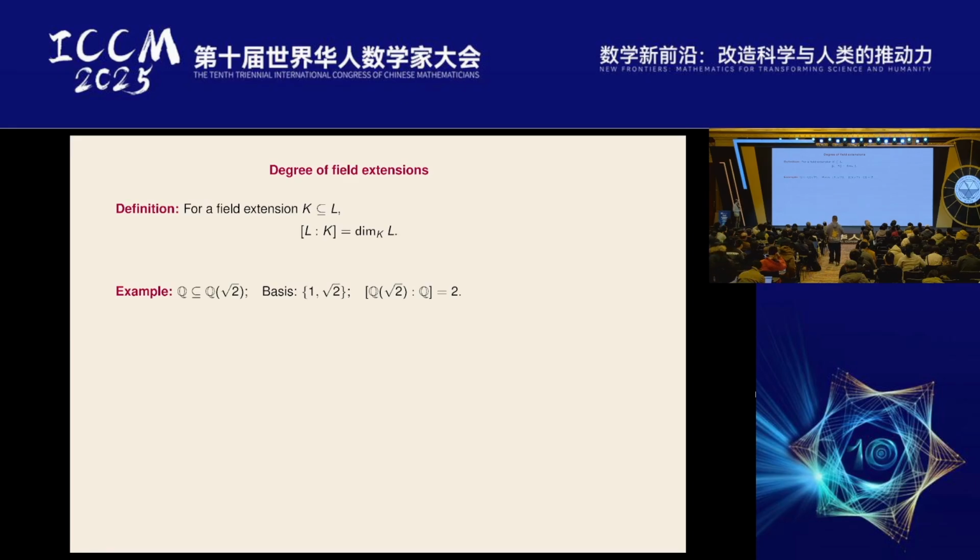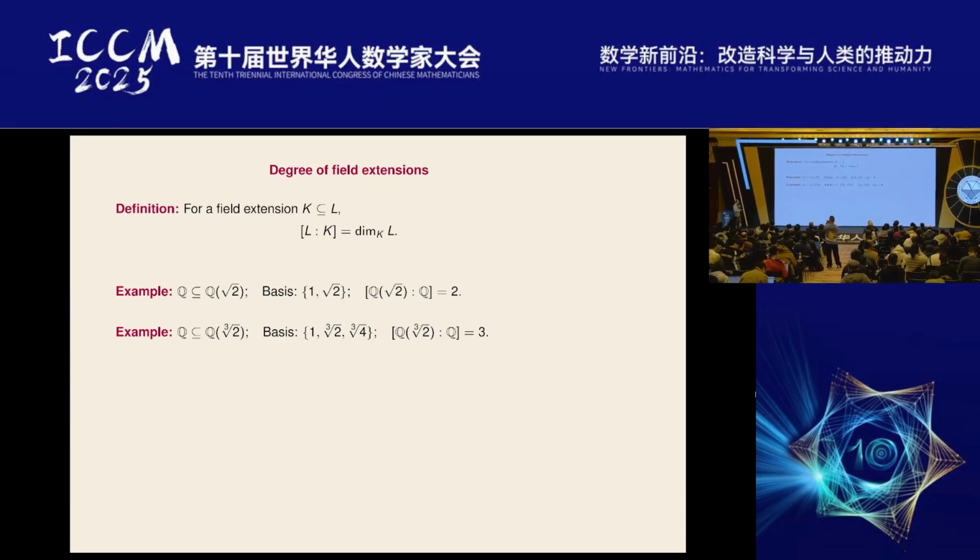We can calculate the degree by looking at the polynomial associated to this new element. A similar example is if you add the cube root of 2, then you get again a larger field, and this time you will need 3 elements to generate this bigger field, so the degree becomes 3.